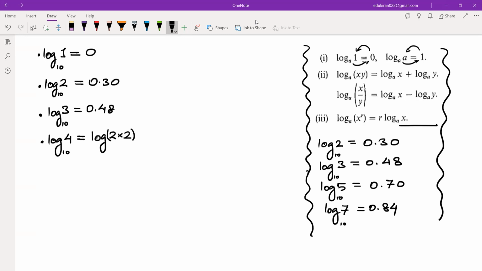Now you understand what you have to do? Now you tell me. This will be equal to log of what? Use the product rule and tell me. Log a into b is equal to log x into y is equal to log.